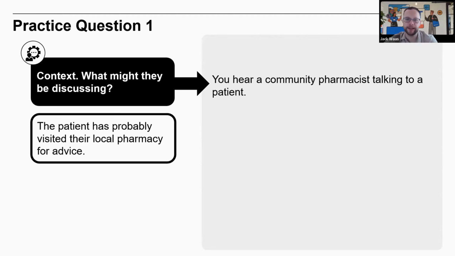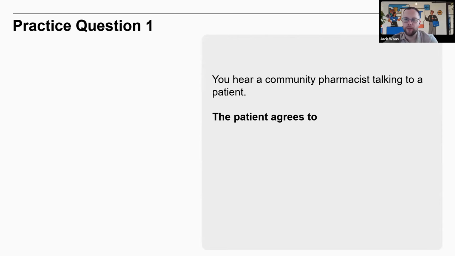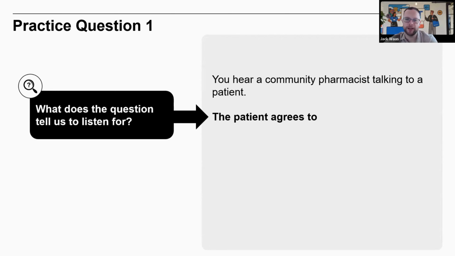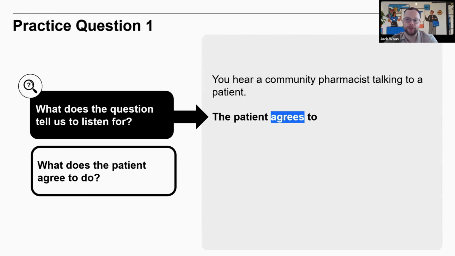That's one thing that you might hear in this type of consultation. So what does the question ask us to listen for? The patient agrees to. So we're listening for what the patient agrees to do.